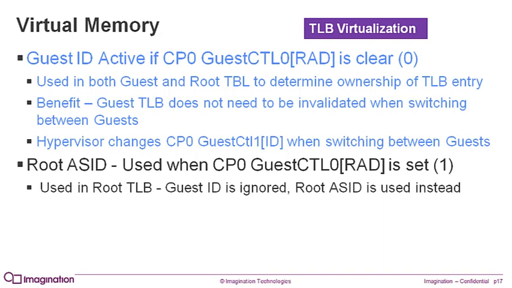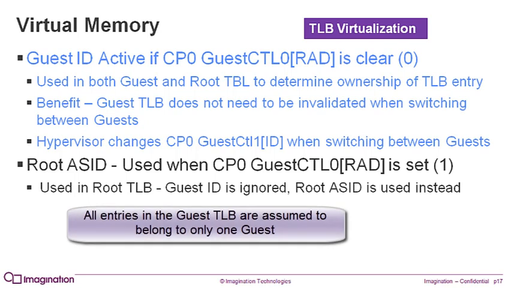Instead of using a guest ID, the root address space identifier, ASID, can be used for the root TLB entries to associate with a specific guest with a TLB entry in the root TLB. In this case, all entries in the guest TLB will be assumed to belong to only one guest context.